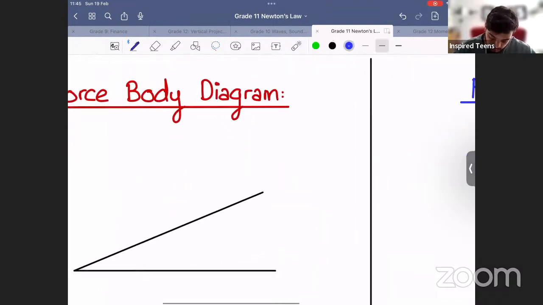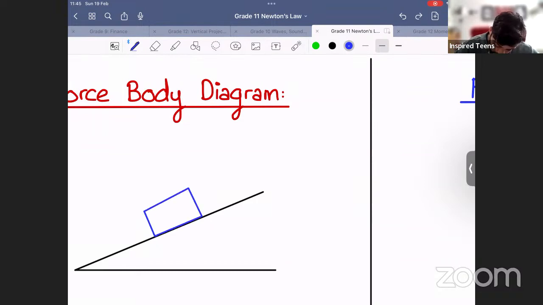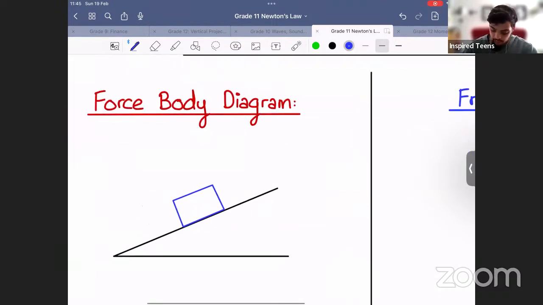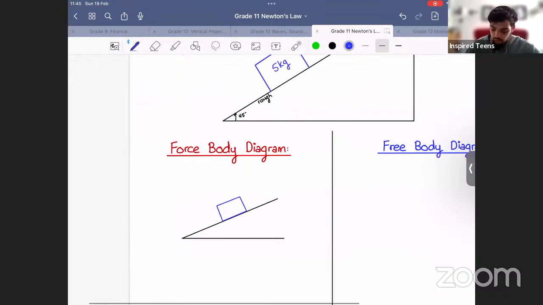With your force body diagram, you need to actually create a box to represent the object.